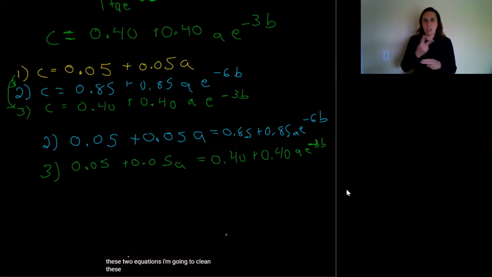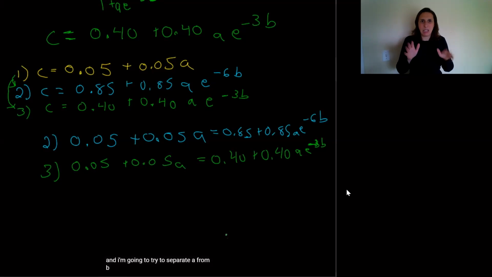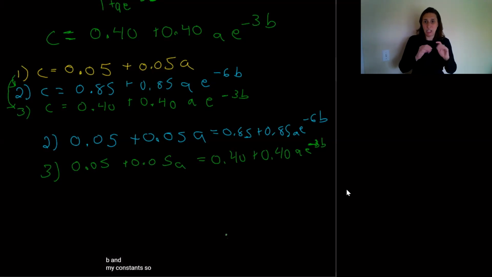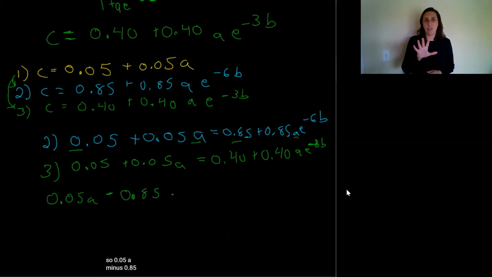Well, I'm going to clean these up, and I'm going to try to separate a from b and my constants. So the thing I note is I have a constant here and a constant here, and a is in both of these terms. So I'm going to bring the a terms together on the left-hand side. 0.05a minus 0.85a e to the negative 6b.